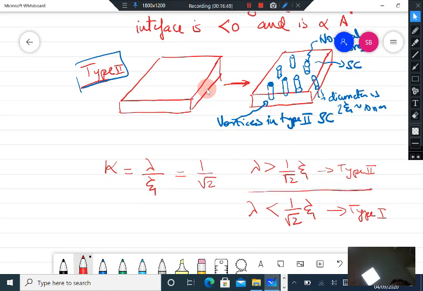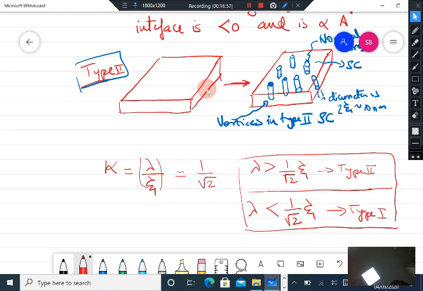Again, one can use the same arguments, but one can show it explicitly through Ginzburg-Landau theory that the actual way to characterize type 1 and type 2 is by using this ratio, the Ginzburg-Landau parameter kappa, which is lambda by xi. If lambda is greater than 1 by root 2 of xi, you have type 2, and if it is less than this, you have type 1.